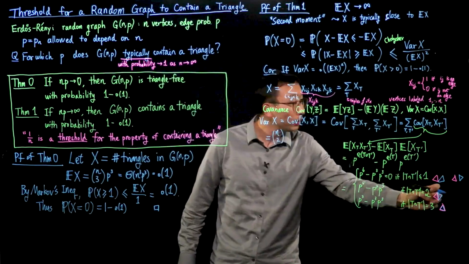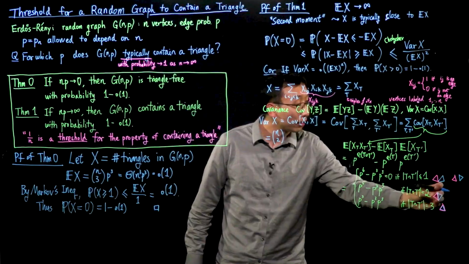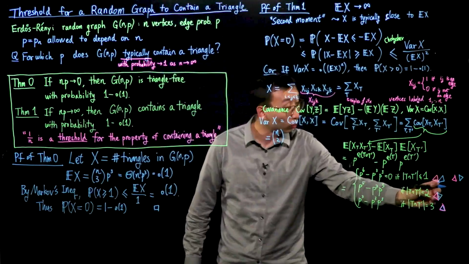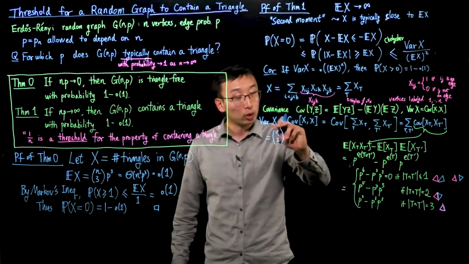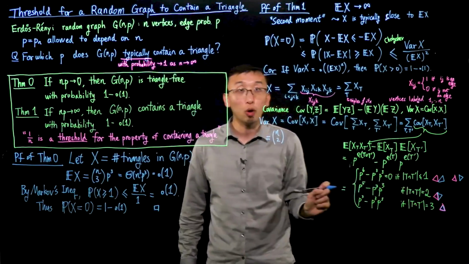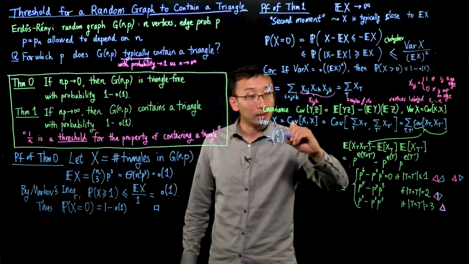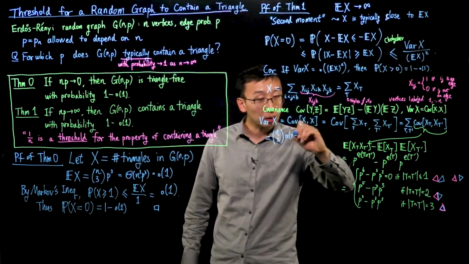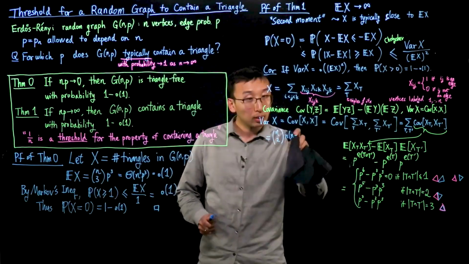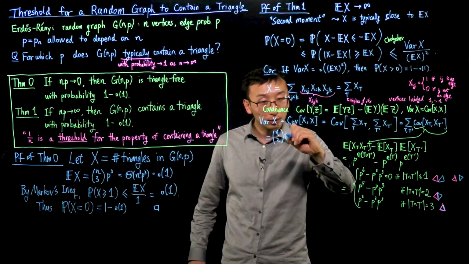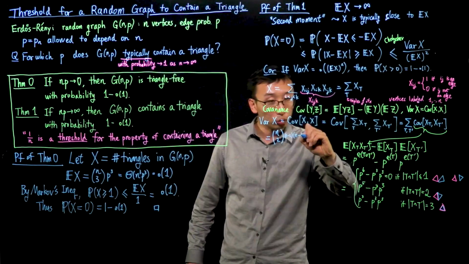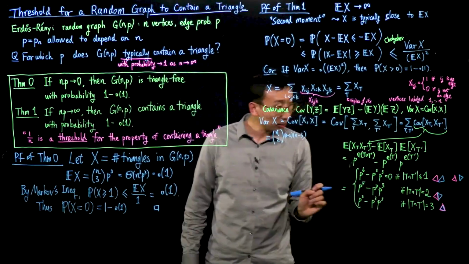We need to count how many different configurations we can have, where the red and the blue triangles overlap by an edge. There's n choose 2 for the 2 overlapping vertices, and n minus 2 times n minus 3 for the remaining 2 vertices.